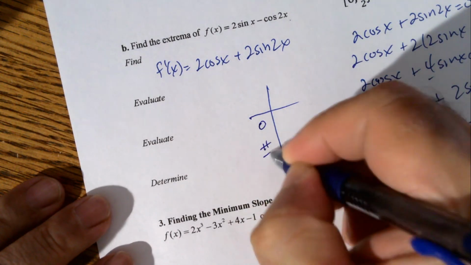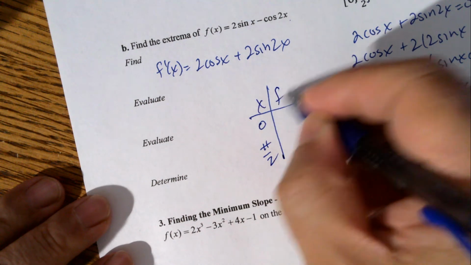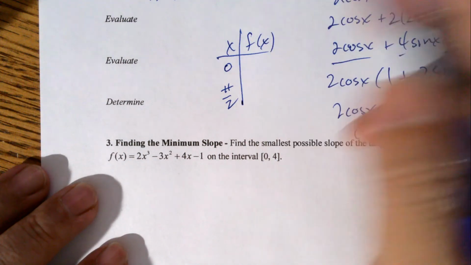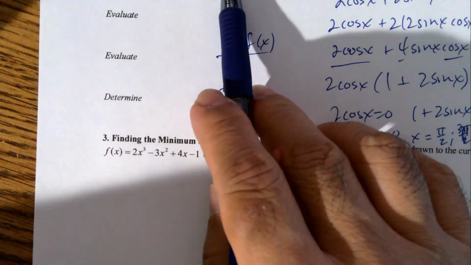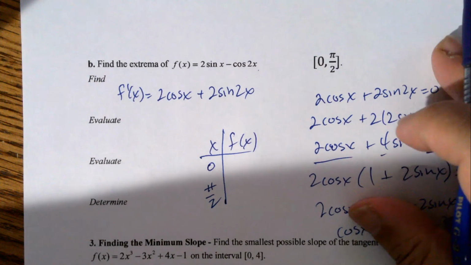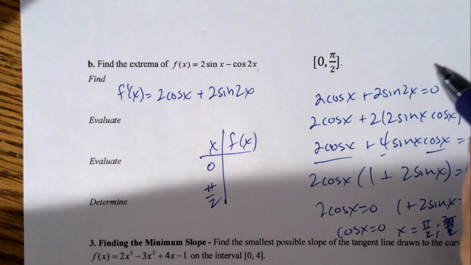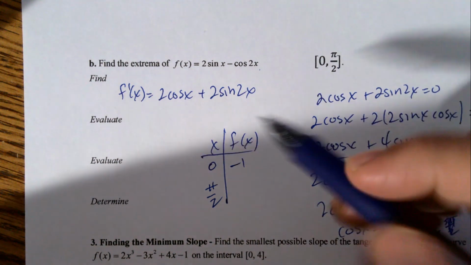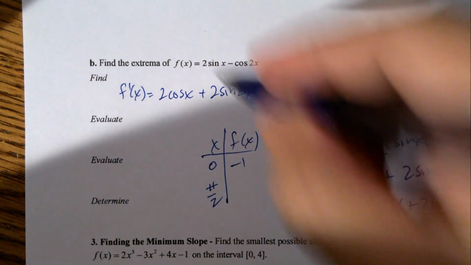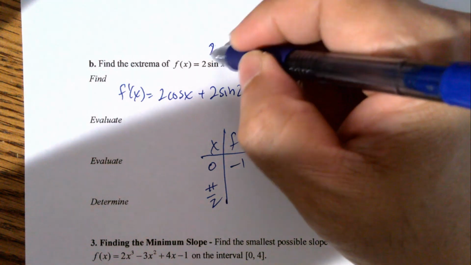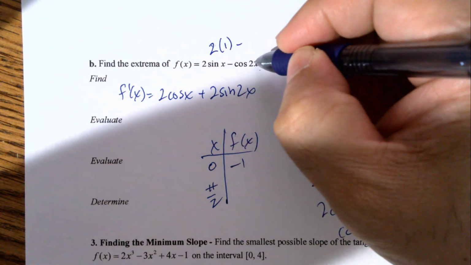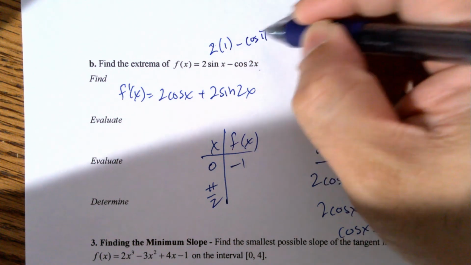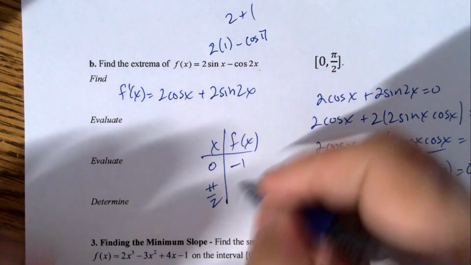So I just make a chart. 0 and pi over 2, x, f of x. Plug in the 0 into the original function: 2 sine x, 2 times 0 is 0, minus cosine of 0, so that's -1. Plug in pi over 2, that's 2 times 1, and 2 times pi over 2 is pi, so it's cosine of pi, which is -1, so it's 2 plus 1, or 3.